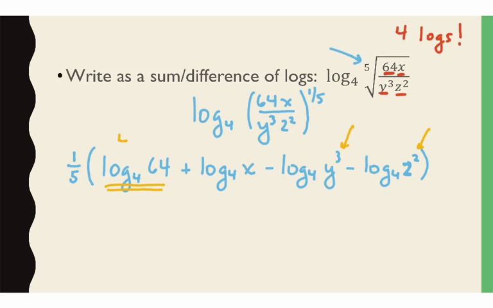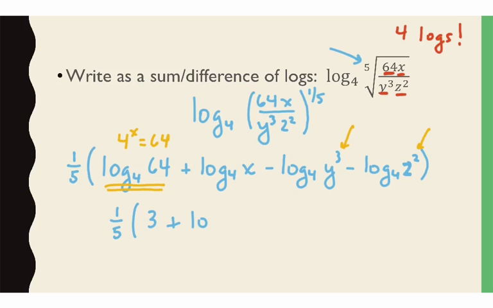Because remember what that means, 4 to some power is 64. That's what we did last week. If you have a log that is an obvious one like this that you should know without a calculator, you need to evaluate it. So that means log base 4 of 64 will become 3 because 4 to the 3 is 64.